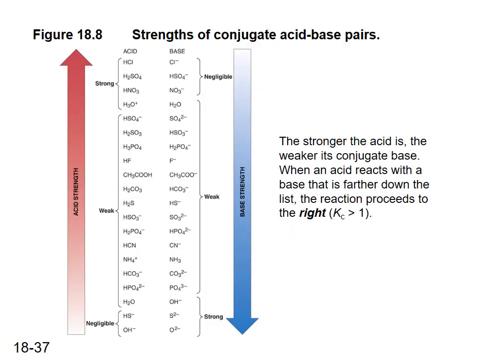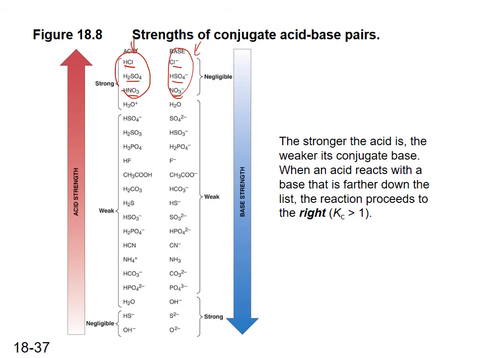Here is the strength of conjugate acid-base pairs. As we already know, hydrogen chloride, sulfuric acid, and nitric acid are very strong acids. Their conjugate bases, chloride, hydrogen sulfate ion, and nitrate ion, are very weak bases. So for strong acids, their conjugate bases are very weak.